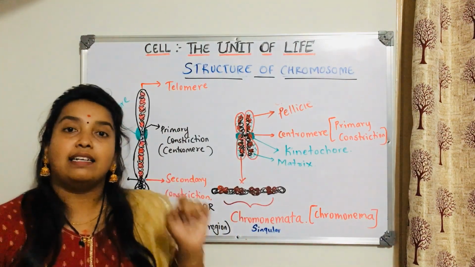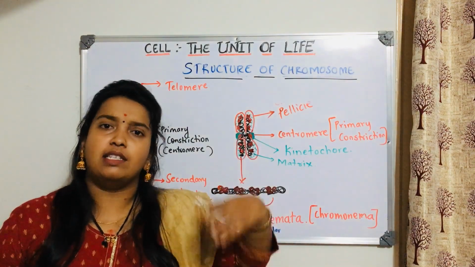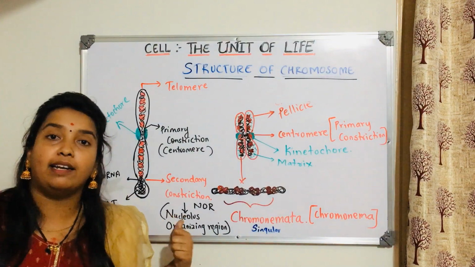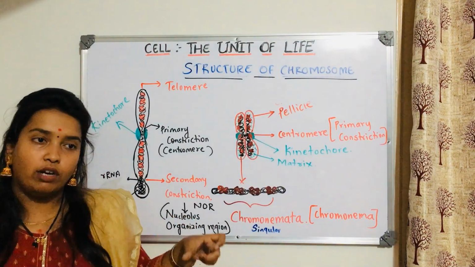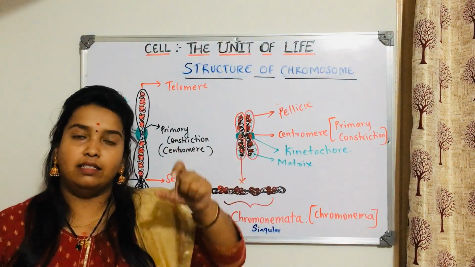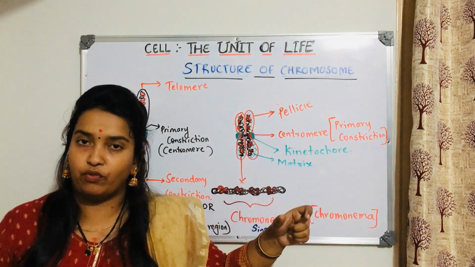That means it has satellite DNA. Now what is this satellite DNA? See, there are some particular sequences here which are repetitive. It can be short, it can be long. Some A, T, G, C, right? Adenine, guanine, thymine, cytosine in case of DNA.